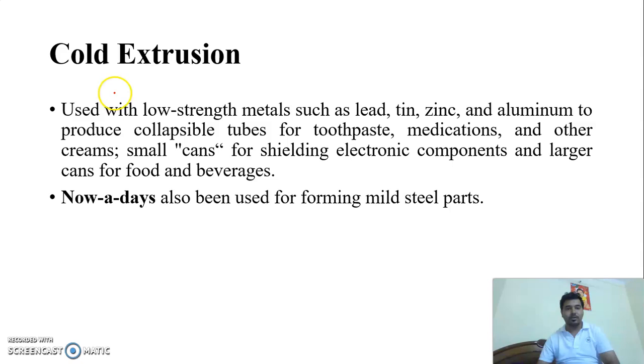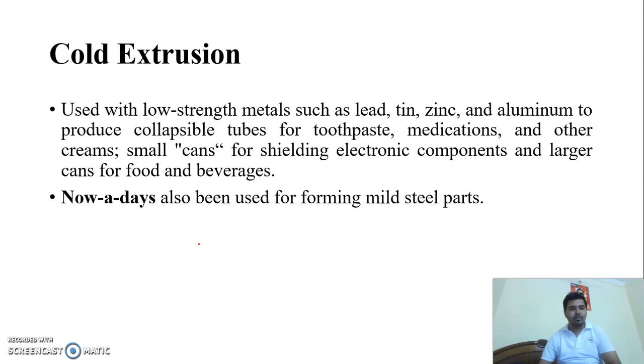Now the cold extrusion. As we have seen, for the extrusion process we mainly prefer hot extrusion, but if the material already has ductile properties, then we can use cold extrusion as well.